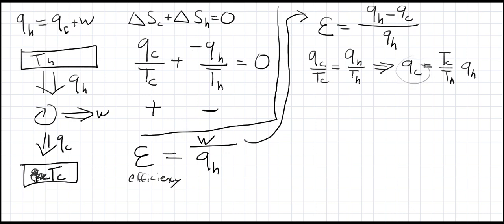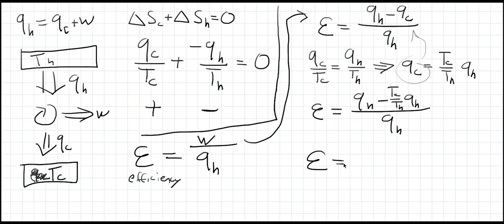And then we can plug that in right here. If we do that, we get that the efficiency is equal to Q hot minus T cold over T hot times Q hot, all over Q hot. Then we can just divide the top and the bottom by Q hot, and we get that the efficiency of a Carnot cycle is just going to be 1 minus T cold over T hot.